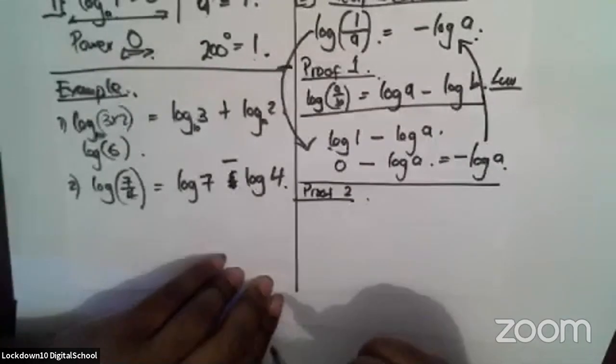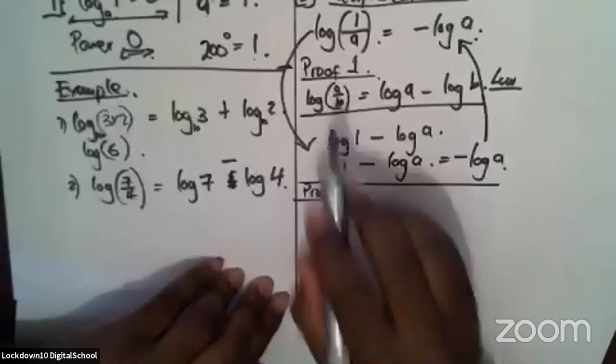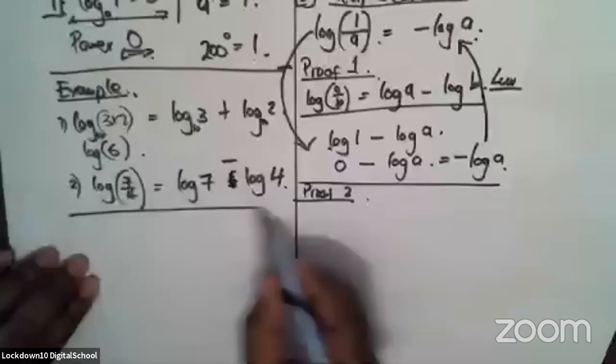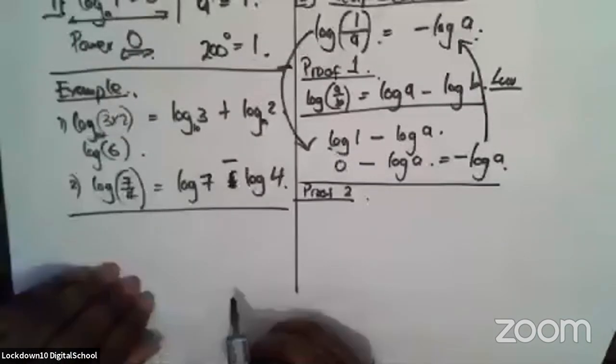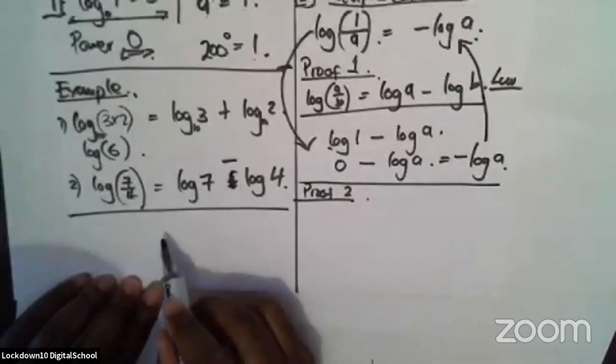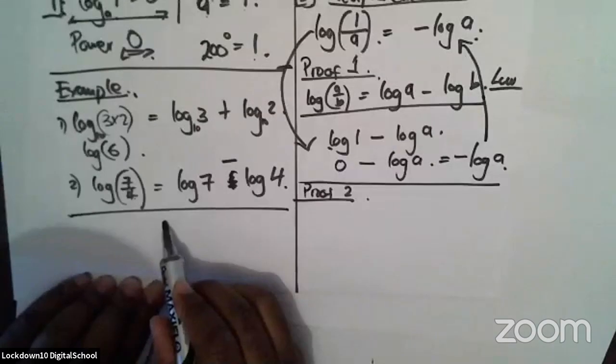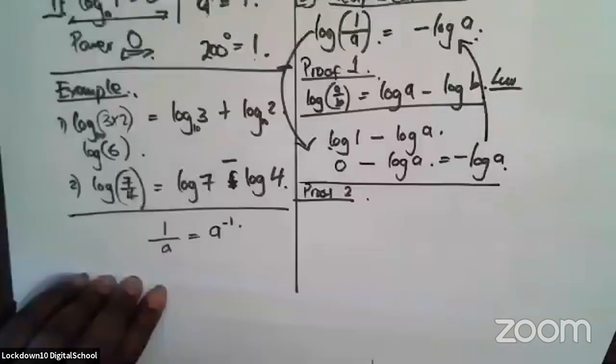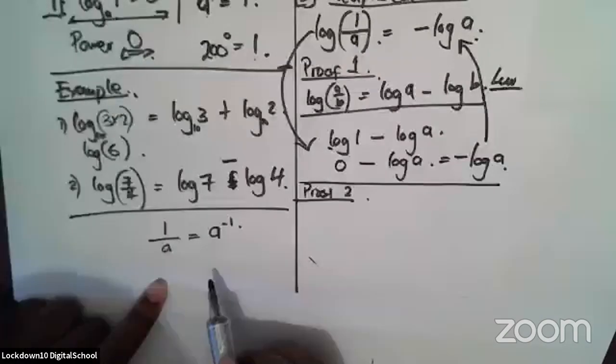Proof number 2. I'm going to explain here a little bit, so that I always utilize my page. If I have 1 over a, I can write it as a to the power negative 1.